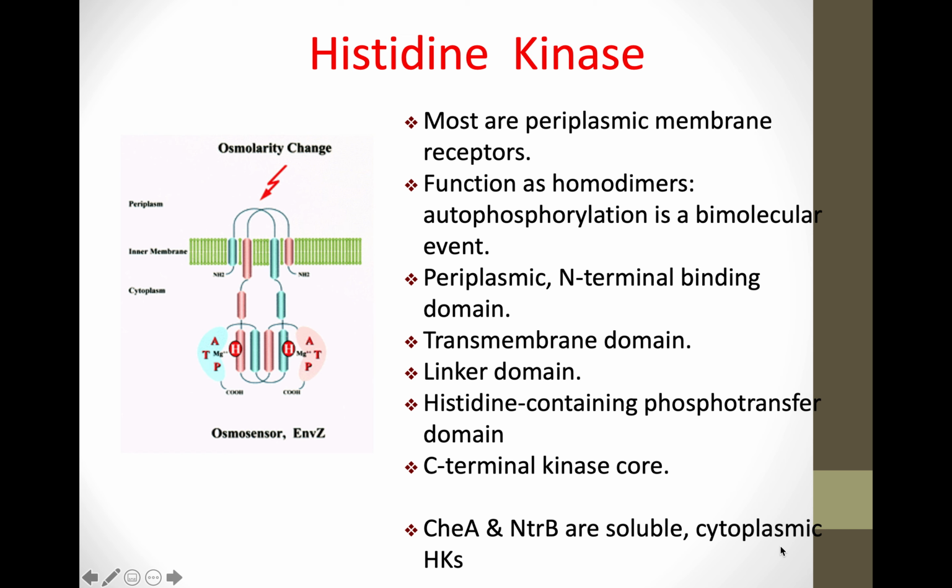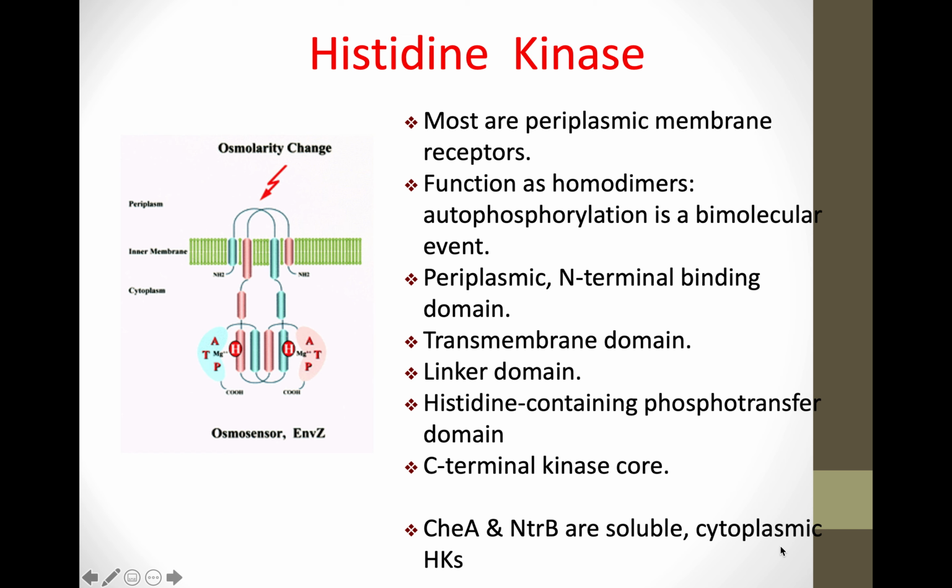homodimers, which means that autophosphorylation, of course, is a bimolecular event involving lots of biomolecular components: protein, DNA, metabolites, and so forth. Hence, the domains are a periplasmic N-terminal binding domain.